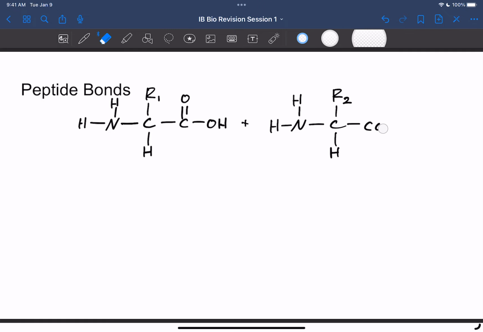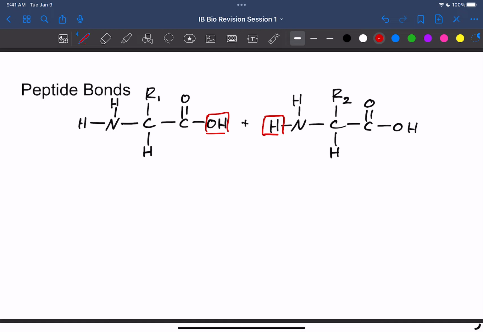We remember that one from fatty acids, where it's the C double bond O single bond OH. Well, what's going to happen when these condense? Because this is a condensation reaction that we're going to talk about here. This OH and this H are going to leave, and they're going to become water. So this is just the water leaving.